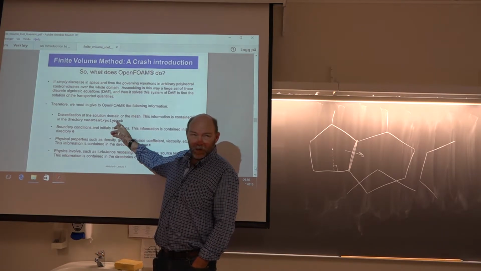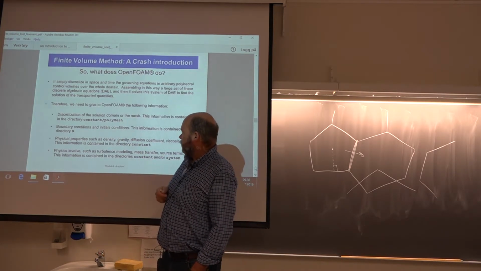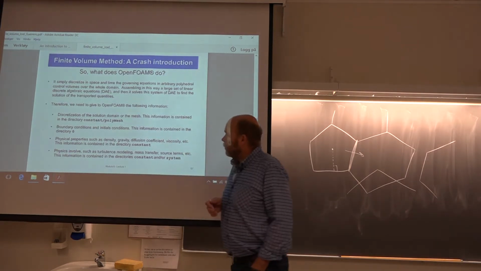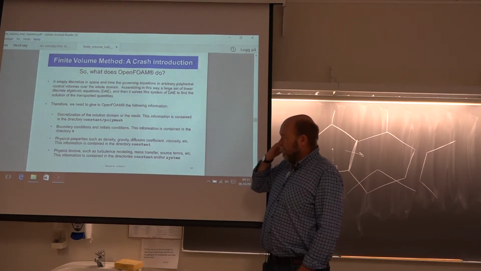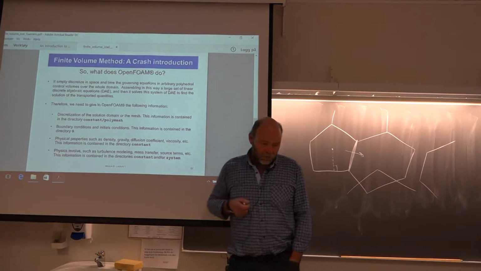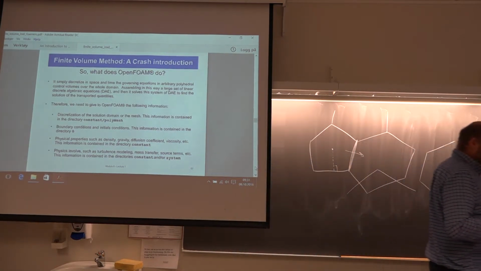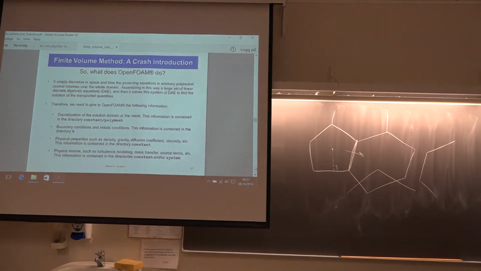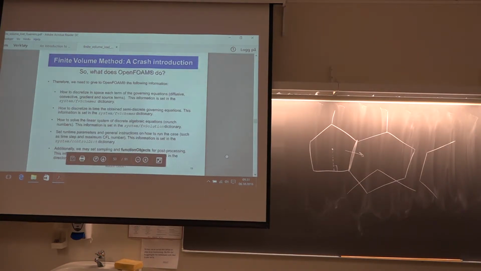Now it's moved, we find it in the system folder, but otherwise it will be the same. Physical properties we find in the constant folder. So far we have only looked at incompressible flows, and the only property then is the viscosity.